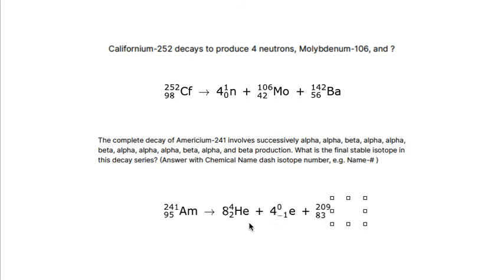This would yield 12 total. And the difference of 95 and 12 is 83. Of course, you can always check by adding 83 to 16 to negative 4. And you will see it yields 95. Looking up at the periodic table for atomic number 83, this is bismuth.